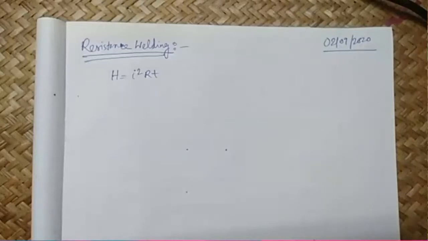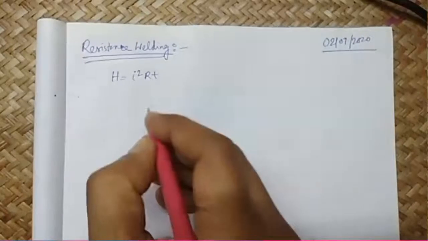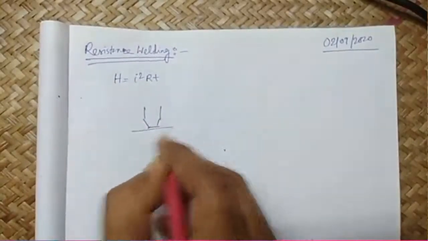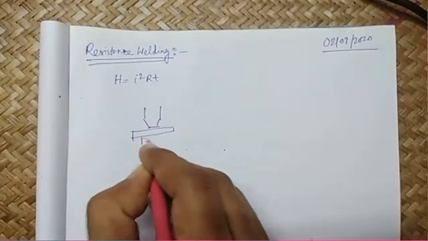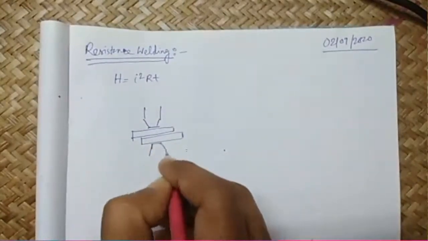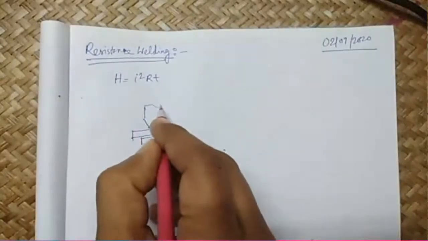Now here, if we draw the block diagram, there will be two electrodes. Between them there will be two jobs. These are the two electrodes.